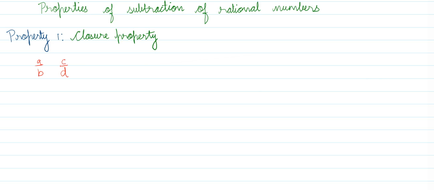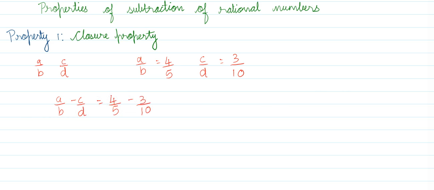Let us consider a by b to be equal to 4 by 5 and c by d to be equal to 3 by 10. So now a by b minus c by d is equal to 4 by 5 minus 3 by 10.